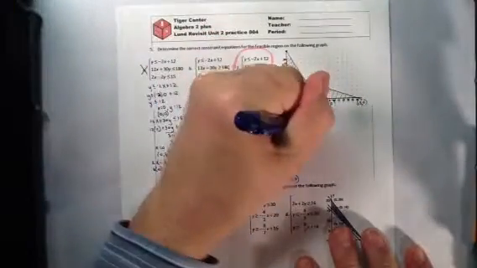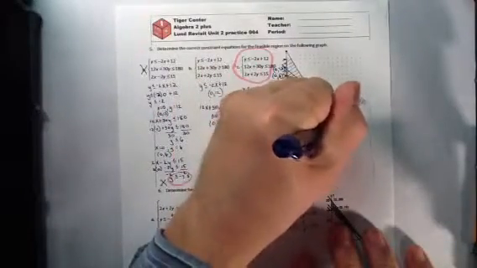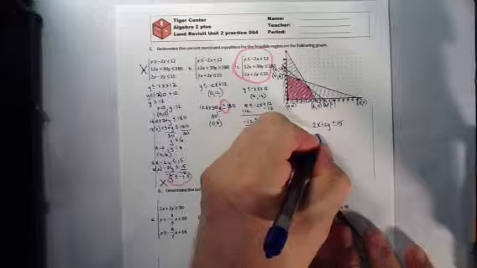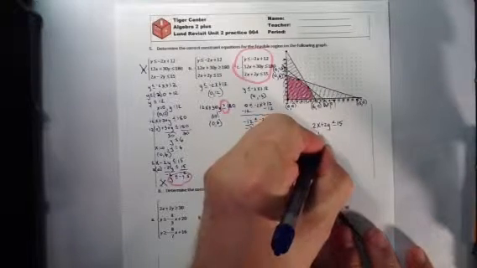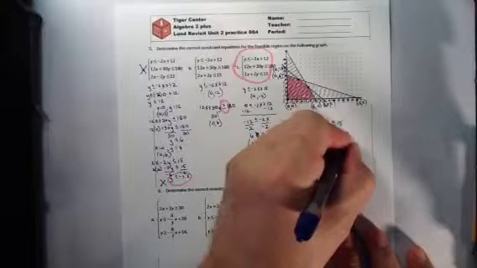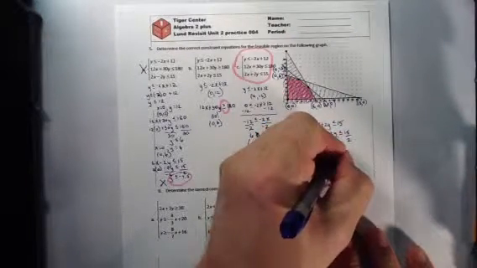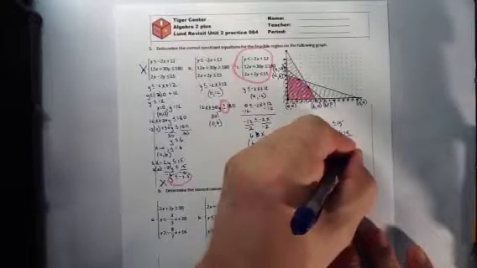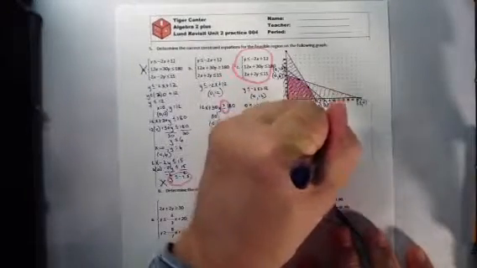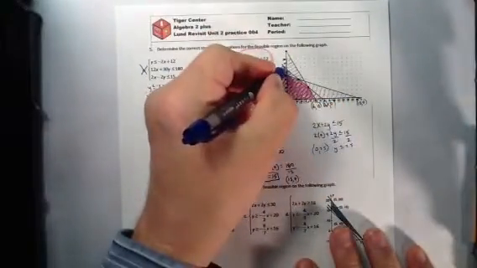Now let's try the last one. 2x plus 2y less than or equal to 15. Again, I like the intercepts, so we'll try it when x is 0. Divide both sides by 2. So our point 0, 7.5, we like that one right there.